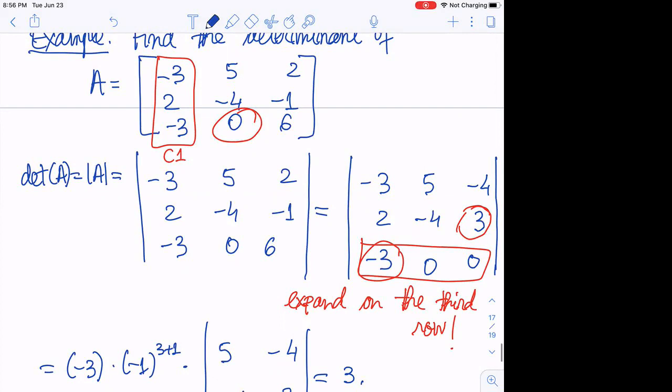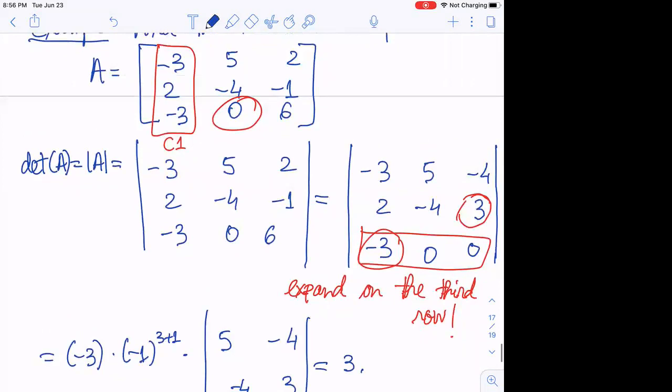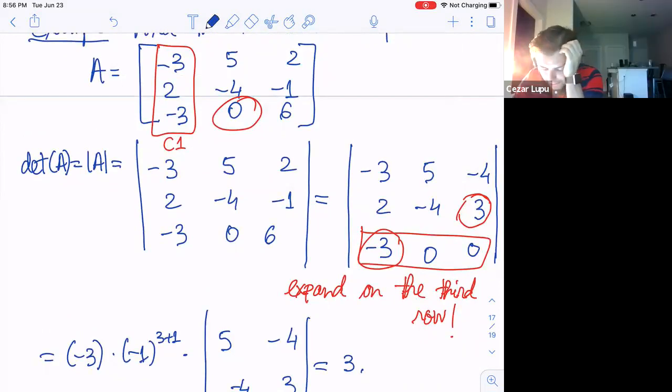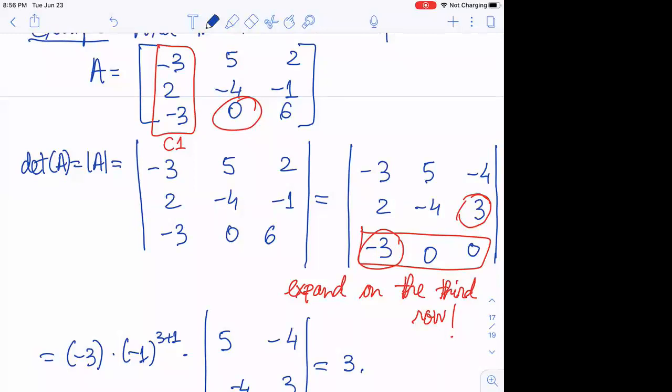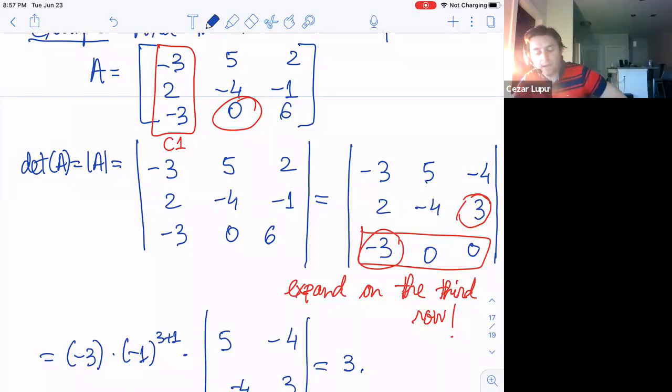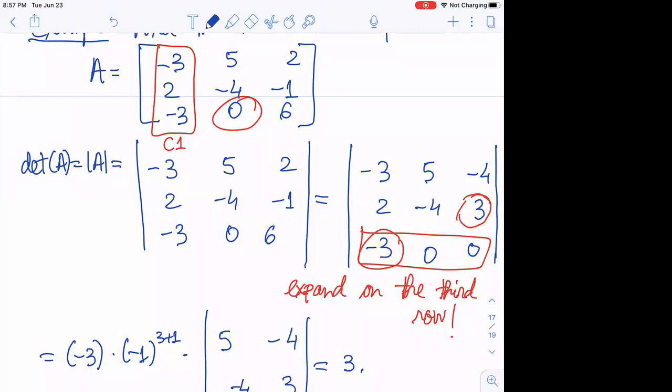Turn that -3 into a 0. Can you say that again? So if we multiply the top row by -1, should we get rid of that? Okay, multiply by -1 and add it to the third row, right? Yes, it's the same thing. Okay. You can do that.